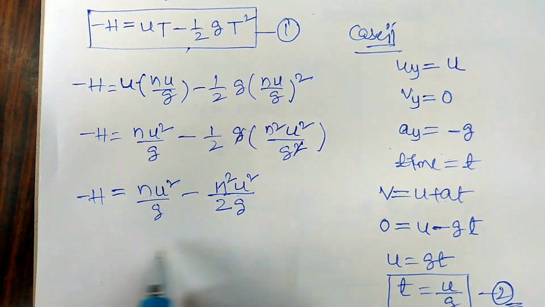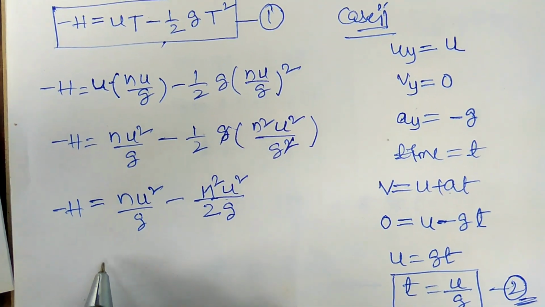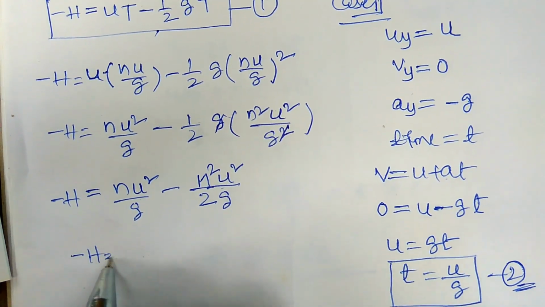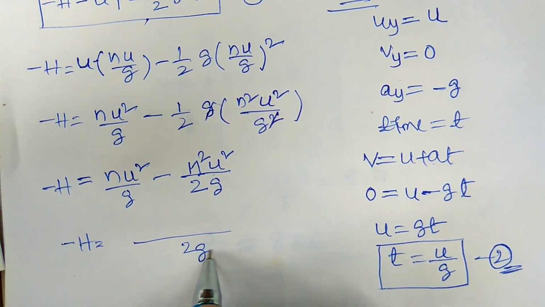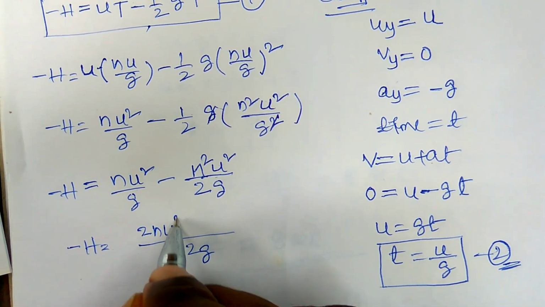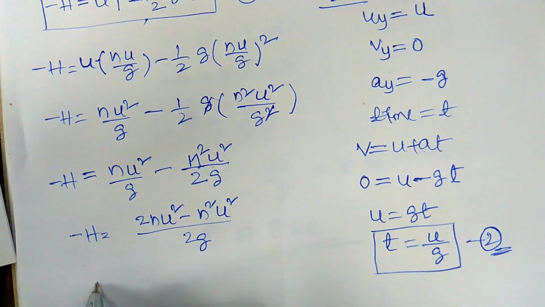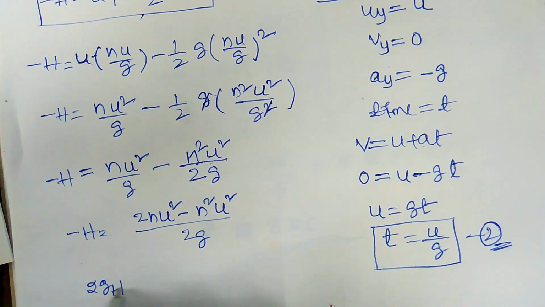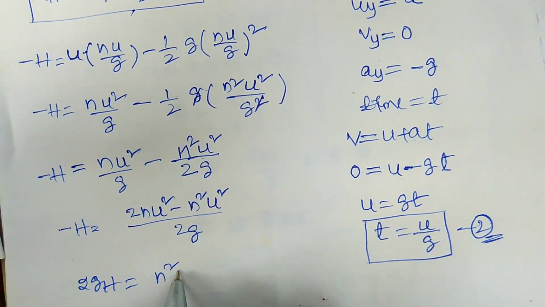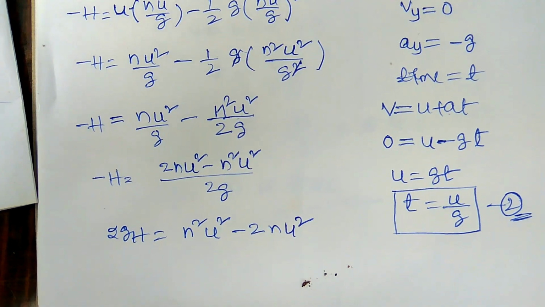2g will be the LCM. Then we can write minus h equals 2n u square minus n square u square over 2g. So 2gh equals n square u square minus 2n u square, right?